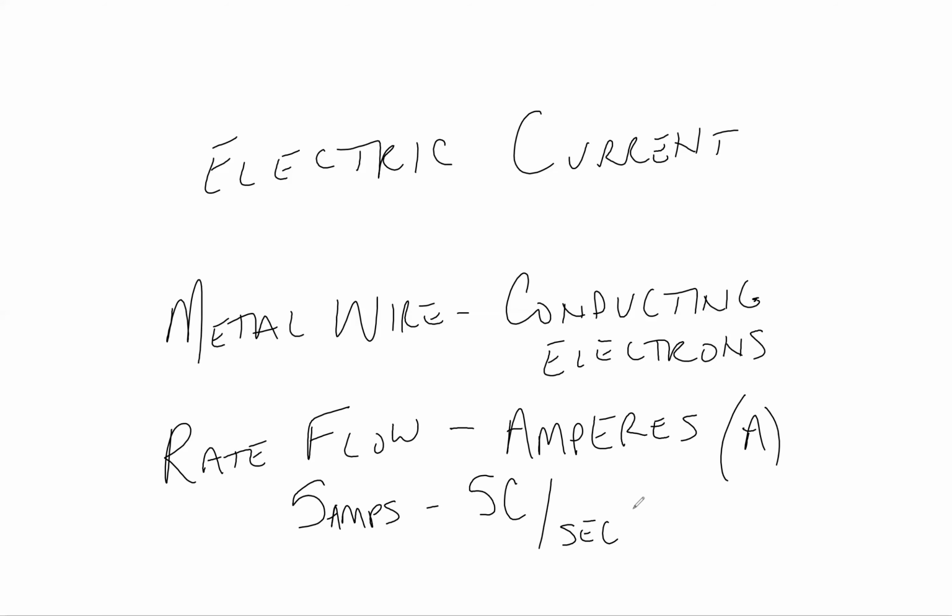Think of amps as measuring how many electrons go by a fixed point in a wire every second. I don't know if that helps or not, but that's the way I try to think of it.